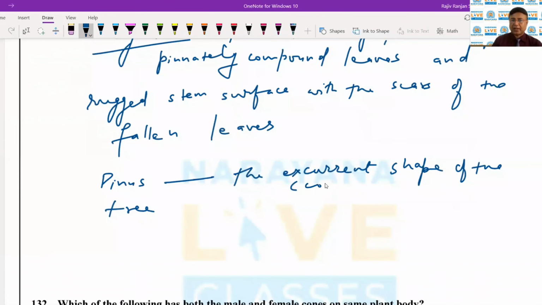Excurrent means cone-like shape of the tree, and branches of unlimited and limited growth.